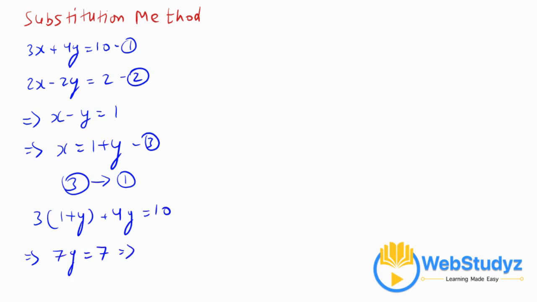So from here we get the value of y as 1. Now we put the value of y into the third equation. We get x equals to 1 plus 1. So from here we get the value of x as 2 using the substitution method.